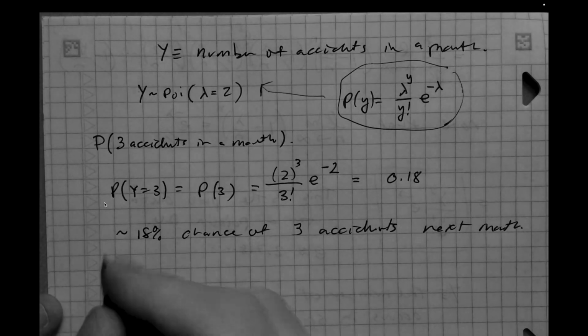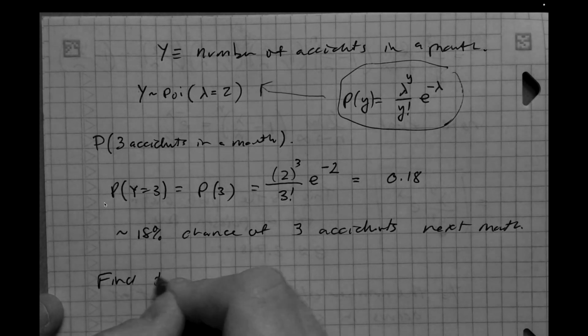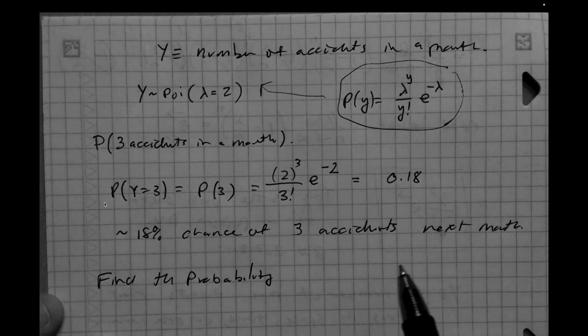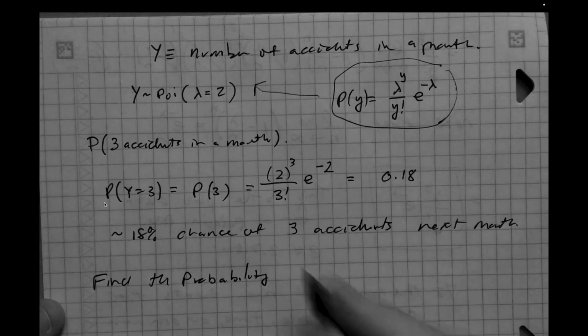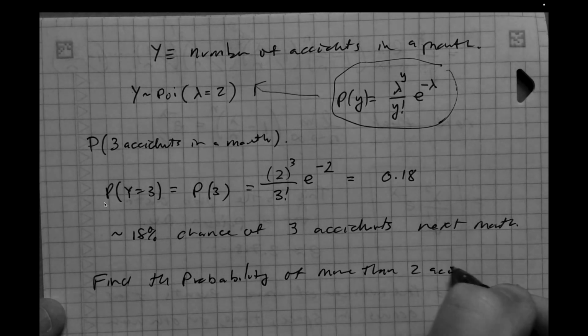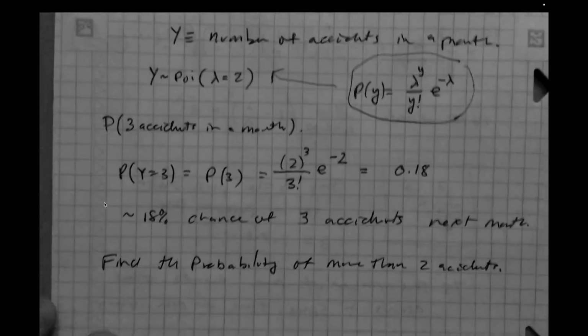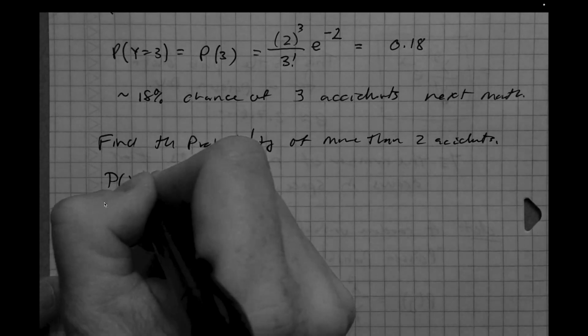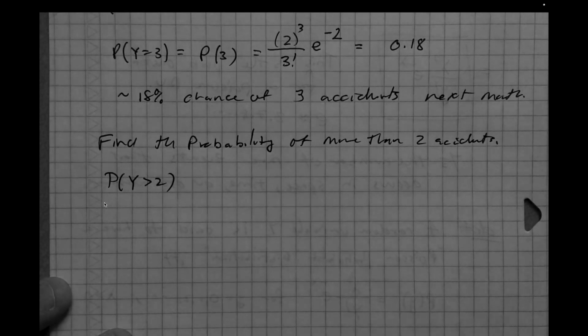What about, for example, let's find the probability of more than 2 accidents in a month. So we want the probability that y is greater than 2.